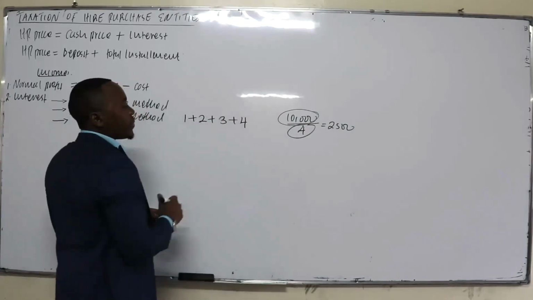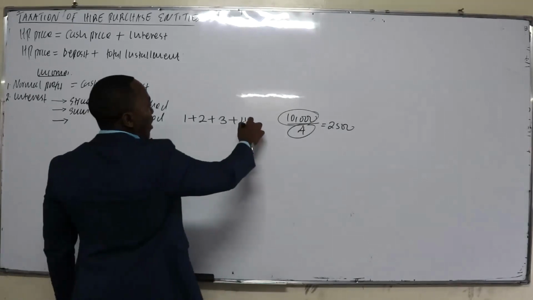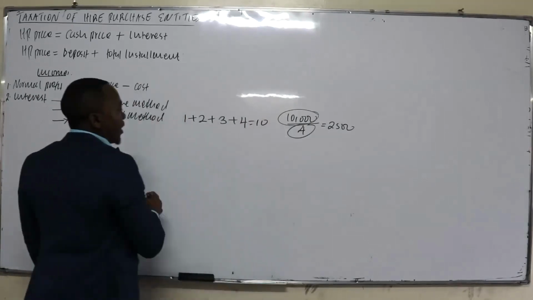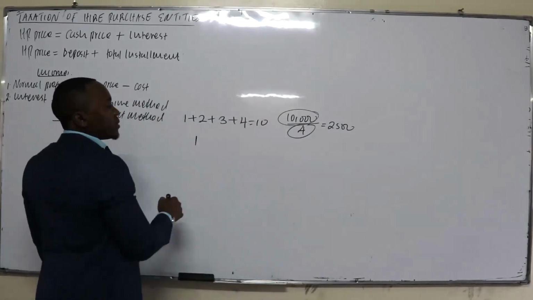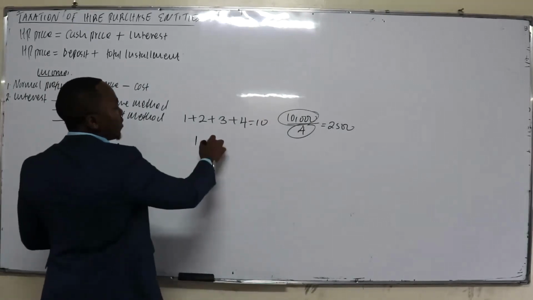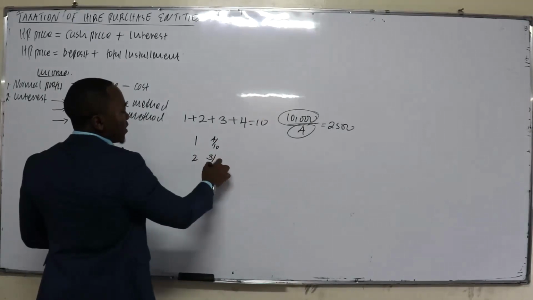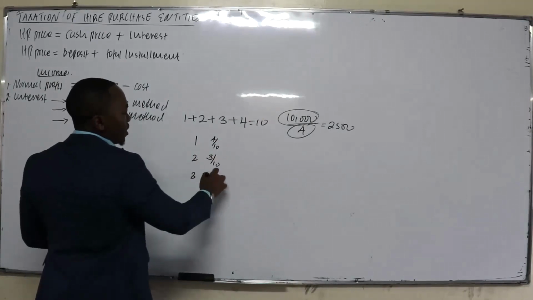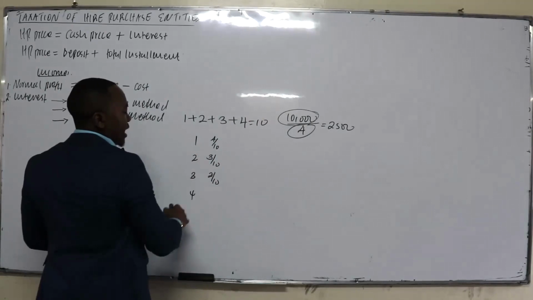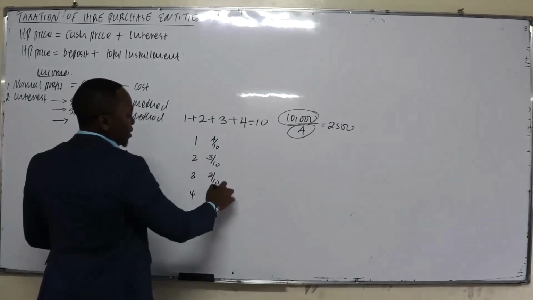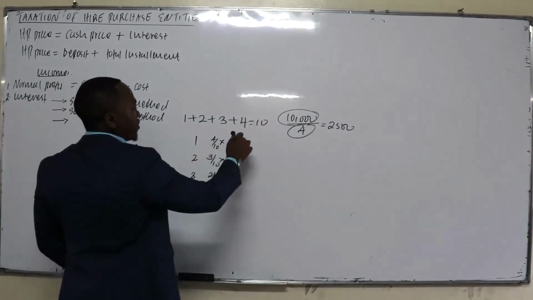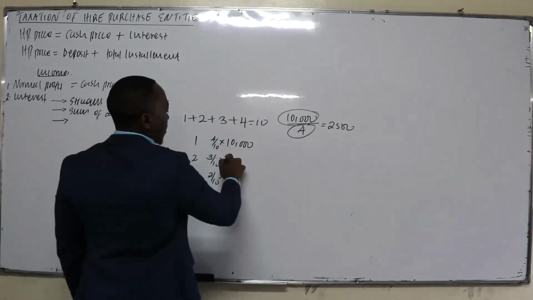The sum of the hire purchase installment period, you add that, you get 10. So that means the first installment, how much will you recognize? You'll take 4 over 10. The second installment, 3 over 10. Third installment, 2 over 10. And last installment, 1 over 10 of the interest earned of 10,000.